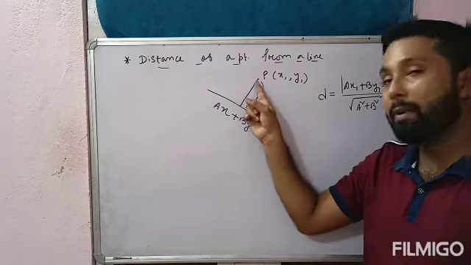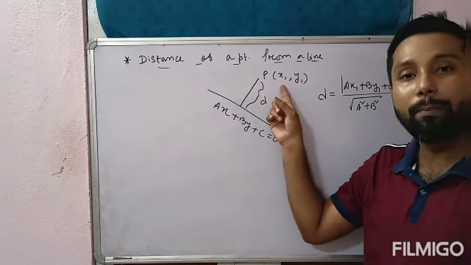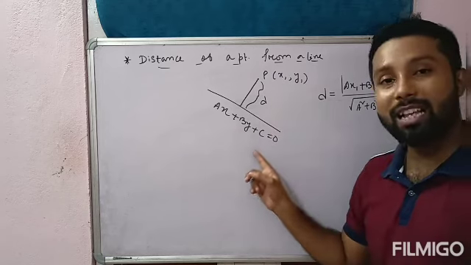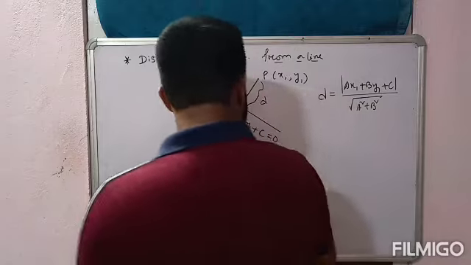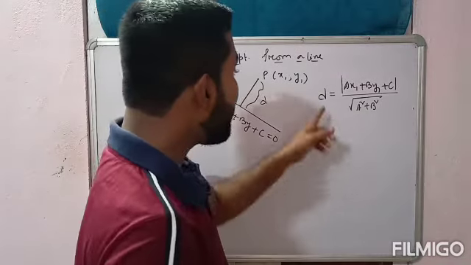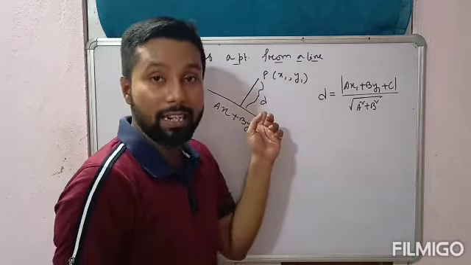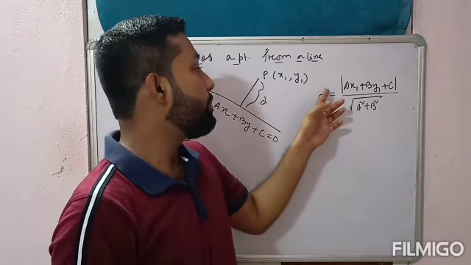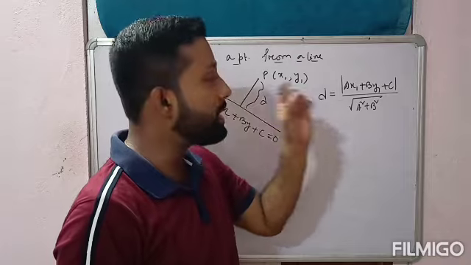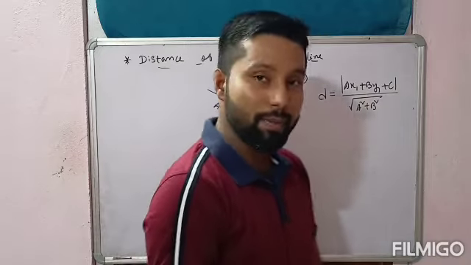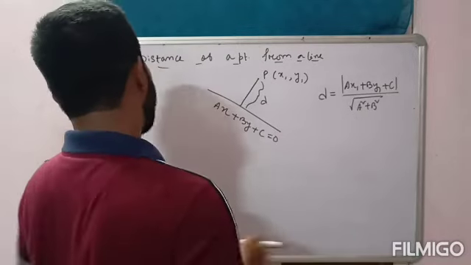The length of the perpendicular drawn from the point (x1, y1) on the line ax plus by plus c equal to 0 is d, which we have considered as d. So d equal to modulus of ax1 plus by1 plus c divided by root over a square plus b square. So this is formula number 1.